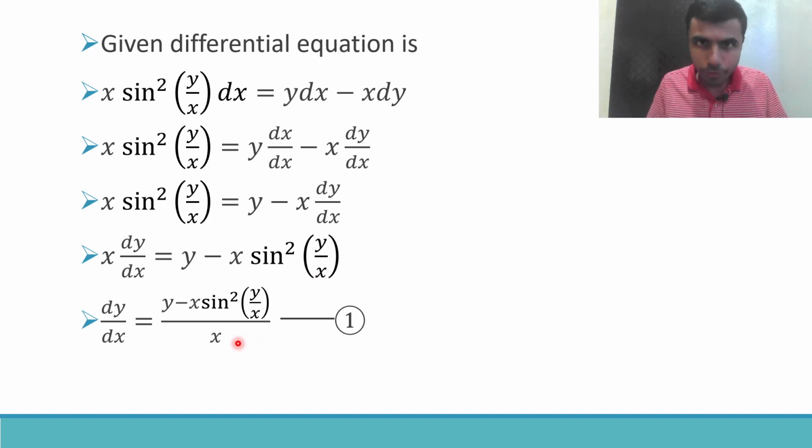Now if you observe, the numerator is a homogeneous function of degree 1. Likewise, the denominator also is a homogeneous function of degree 1.